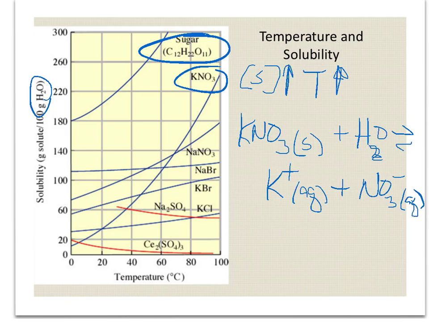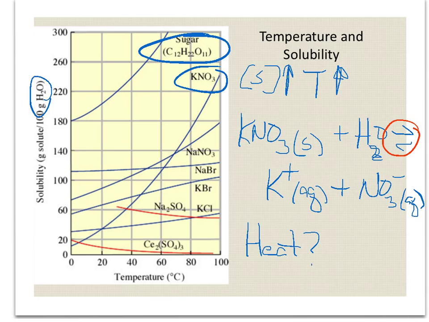But back to potassium nitrate. We see here that the solubility of potassium nitrate goes up as we add heat, as the temperature goes up. So what might that mean about the thermodynamics, about the role of heat in this system? Well, notice that I've written this intentionally as an equilibrium.